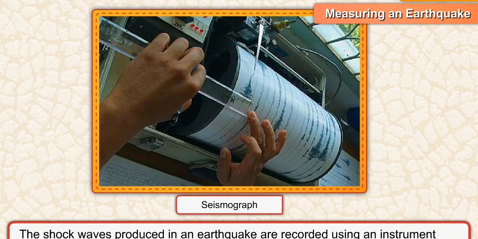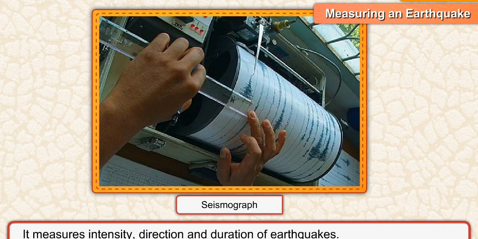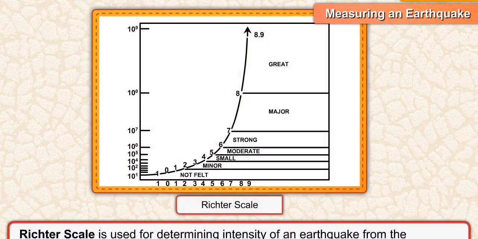Measuring an earthquake. The shock waves produced in an earthquake are recorded using an instrument called a seismograph. It measures the intensity, direction, and duration of earthquakes. The Richter scale is used for determining the intensity of an earthquake from the recording made by a seismograph.